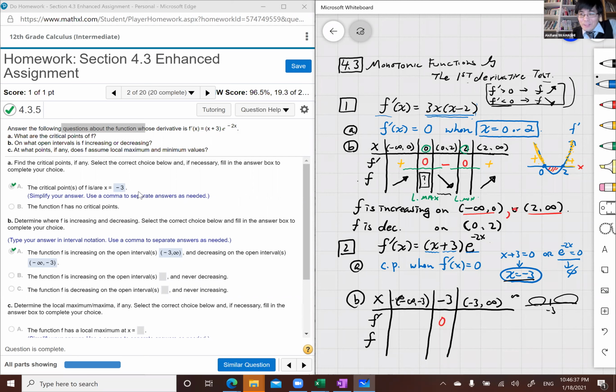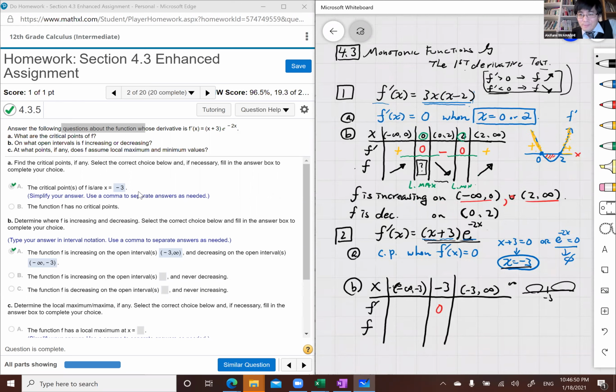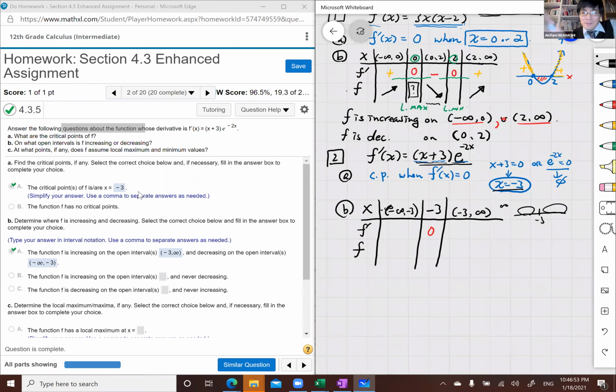I am going to check whether it's positive or negative. Now, the graph of f dash is not easy at all because you have a linear function multiplied by an exponential function. However, this part is always positive, no matter what value of x is.